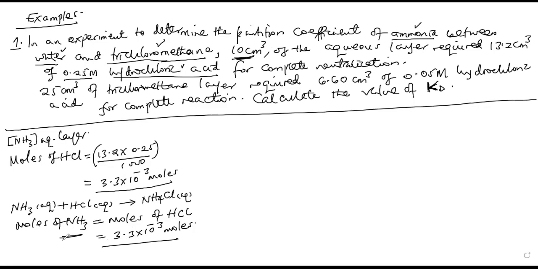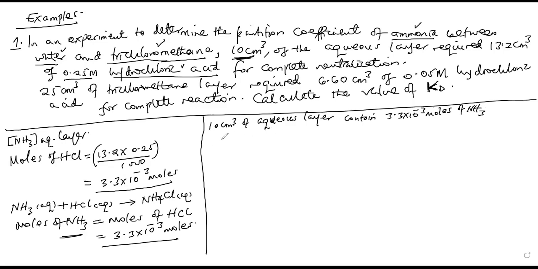So 10 cubic centimeters of aqueous layer contain 3.3 times 10 to the power negative 3 moles of ammonia. You first get moles of ammonia, then you see what the aqueous layer contains. So what about 1,000? Because we need the concentration of ammonia in the aqueous layer.